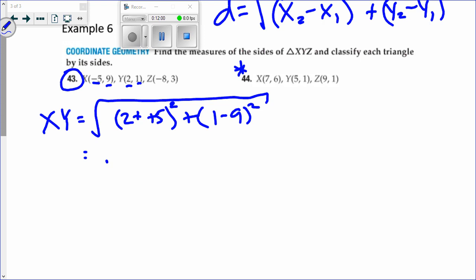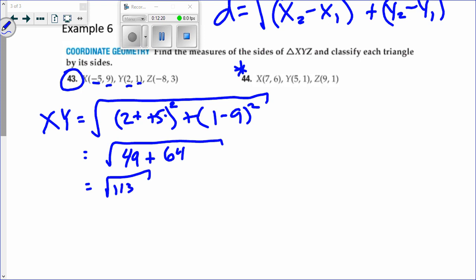So this simplifies to 2 plus 5 is 7. 7 squared is 49 plus 1 minus 9, which is -8. -8 squared is 64. 49 plus 64 is equal to 113. Square root of 113 is equal to, to one decimal place here, 10.6.